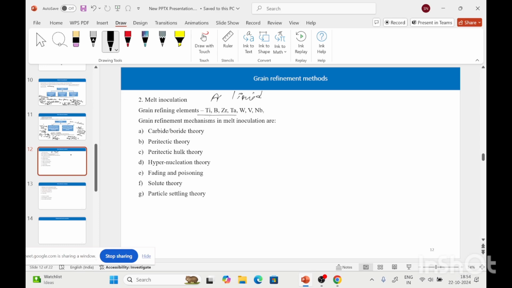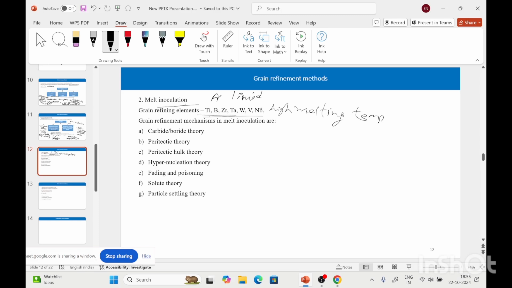These are the different grain refining elements, and all of them have a high melting temperature. That's why they are used as inoculants during the solidification process.